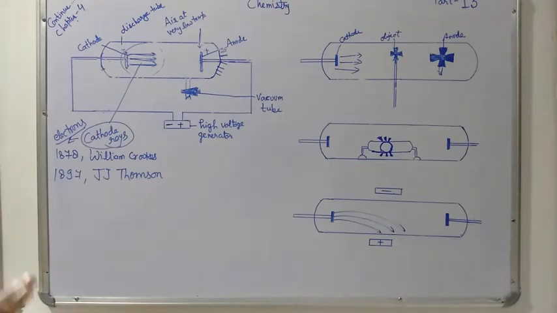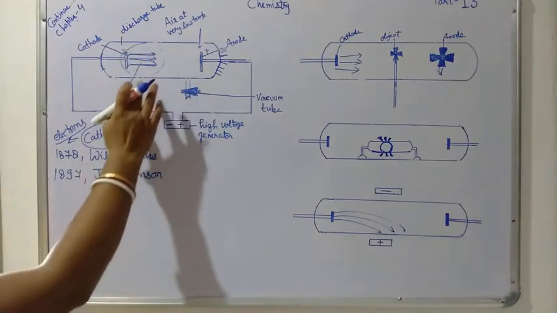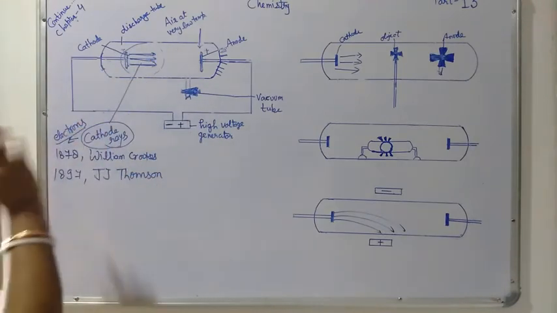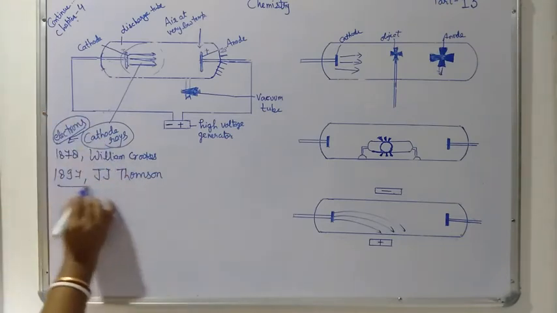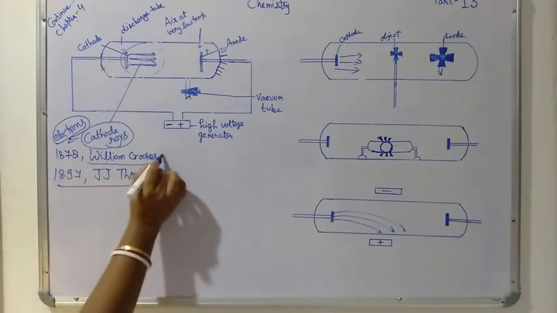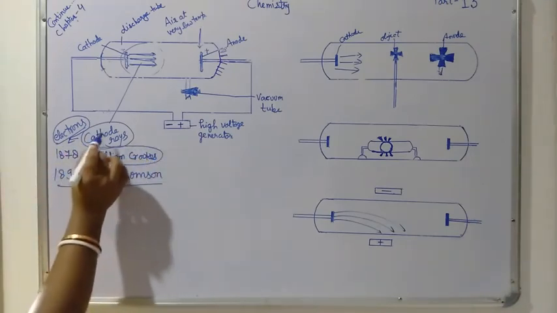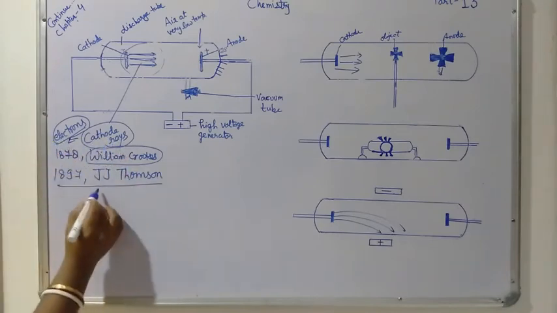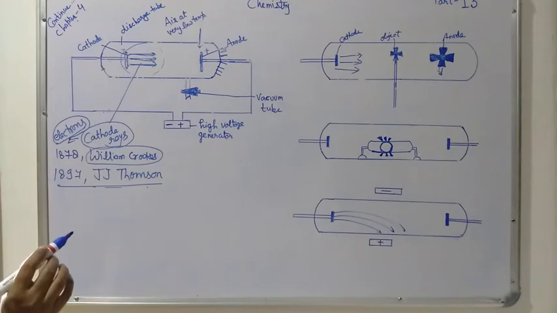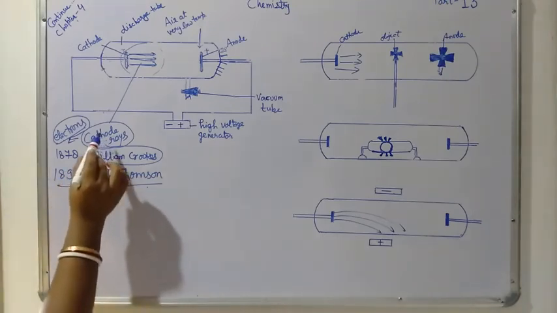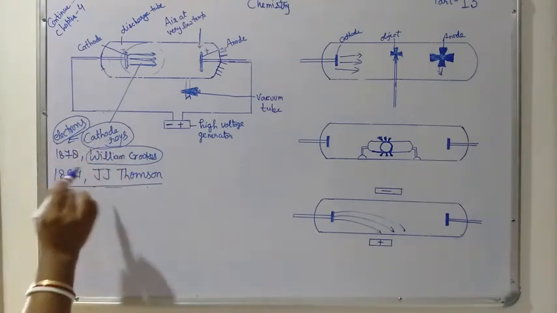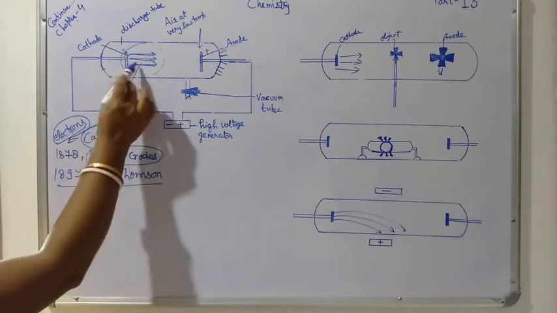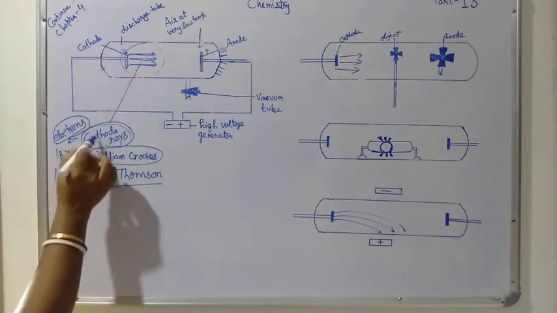He proved that these cathode rays consist of negatively charged particles, and they are called electrons. So these electrons were discovered by J.J. Thomson. William Crookes discovered the cathode rays, but the electron was identified by J.J. Thomson, who showed that these cathode rays were made up of negatively charged particles.